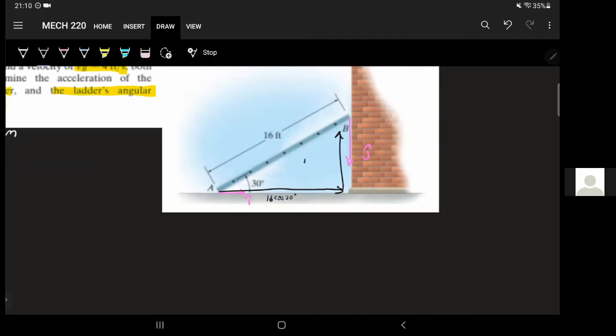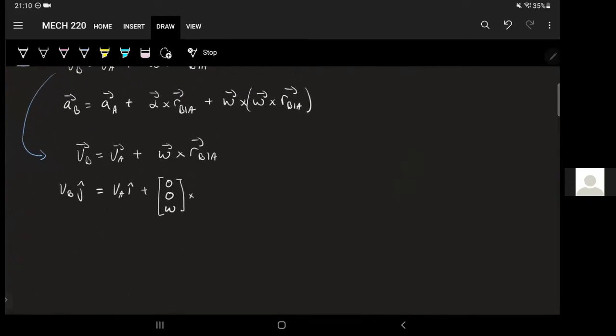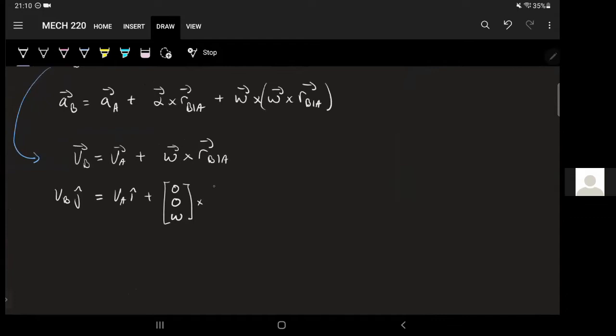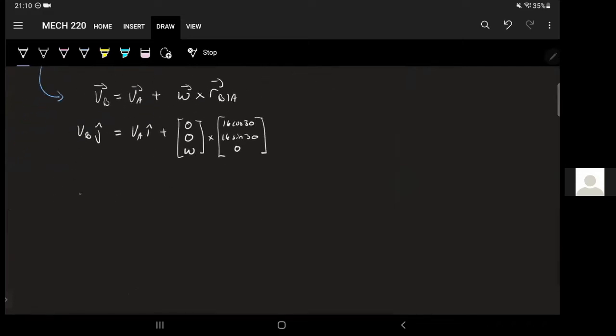And the one vertical is going to be 16 sine of 30. That's what we're going to use here. So for my i, it's going to be 16 cos of 30, 16 sine of 30, and 0. Right? Then you do the cross product, you get that.